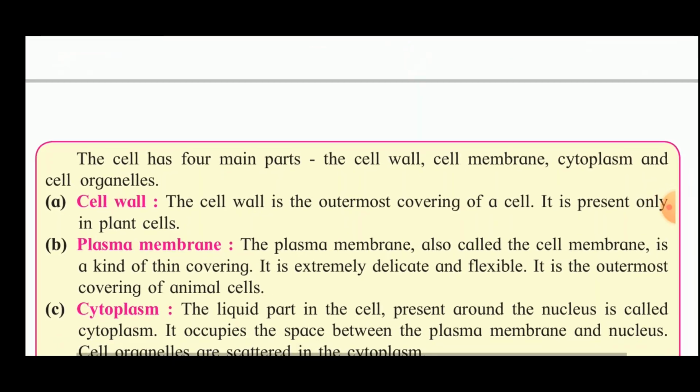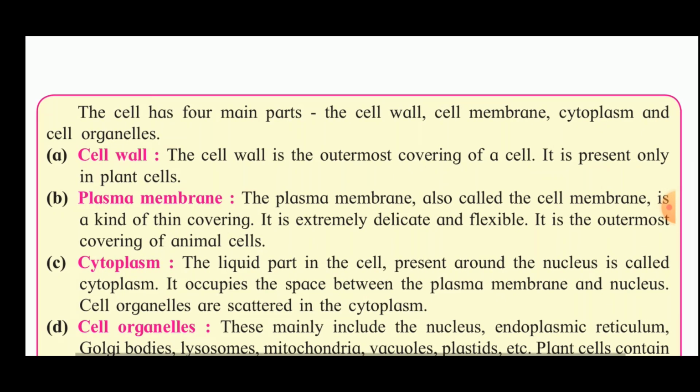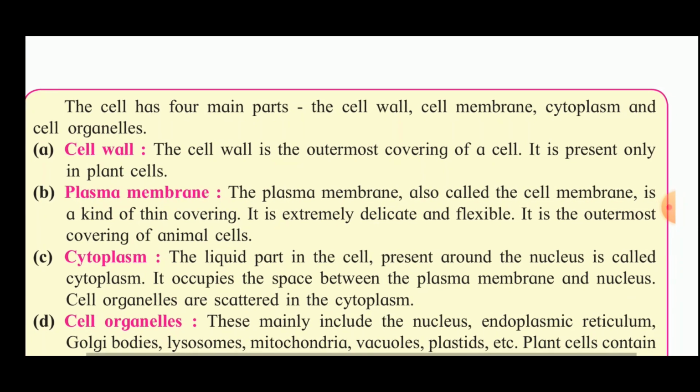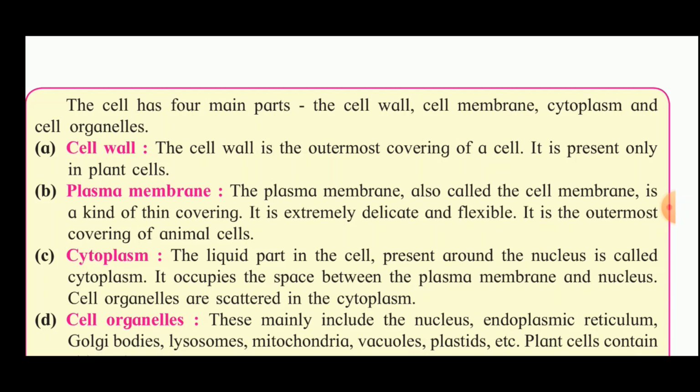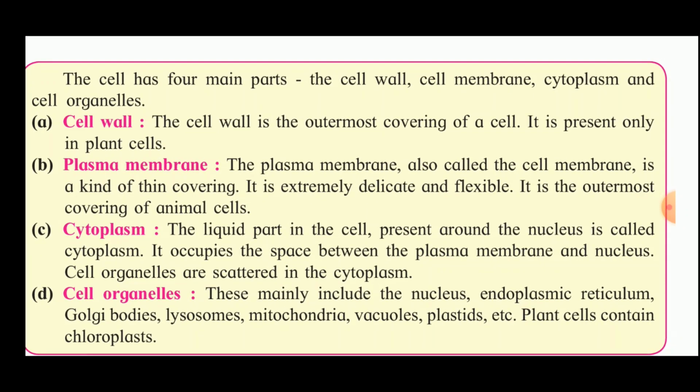Now the cell has four main parts: the cell wall, the cell membrane, cytoplasm and cell organelles. Cell wall is the outermost covering of the cell. It is present only in plant cells. The plasma membrane, also called the cell membrane, is a thin covering. It is extremely delicate and flexible. It is the outermost covering of animal cells. Cytoplasm is the liquid part in the cell present around the nucleus.